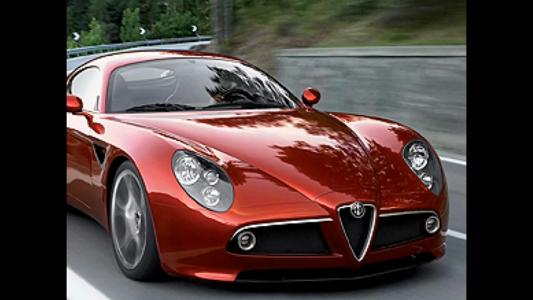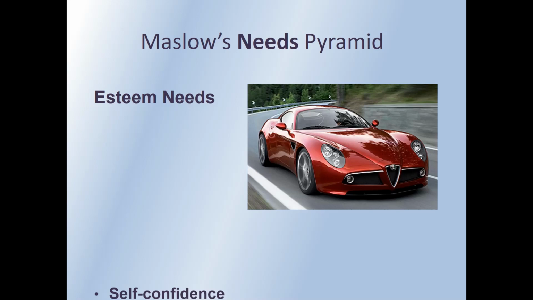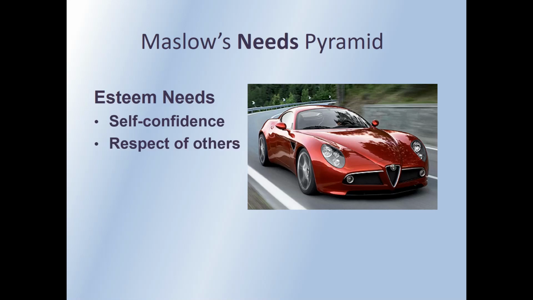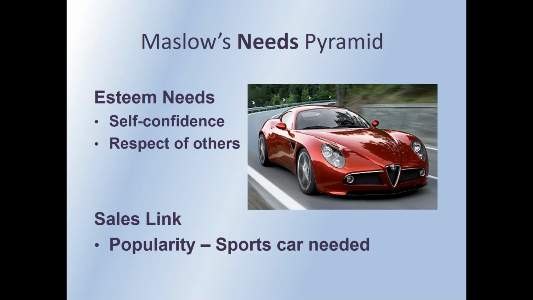So the next one would be esteem. Esteem needs: self-confidence, respect of others, and respect of your peers. So how would you link this to sales? Well, on the sales link, you want to be popular and have self-confidence.